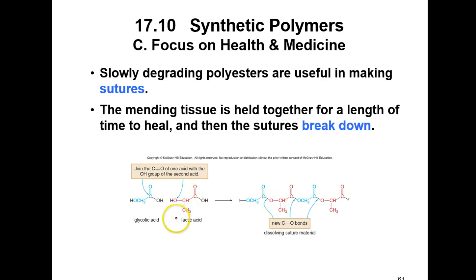Interestingly, it's lactic acid, which our body knows how to handle, and glycolic acid, which gets produced during glycolysis, the breakdown of sugar into energy. So the material is eventually broken down into things that our bodies are able to handle, but it starts out as a polyester.